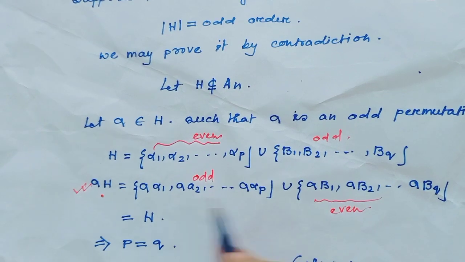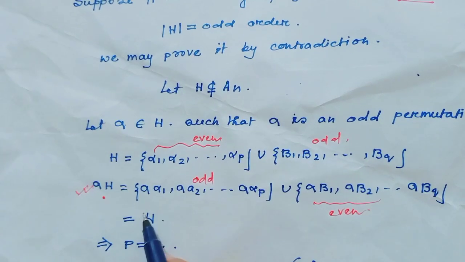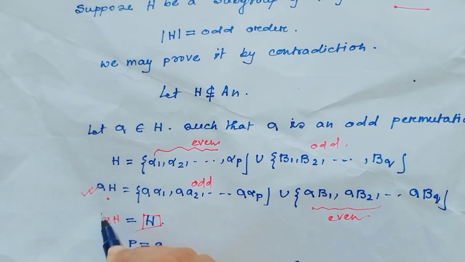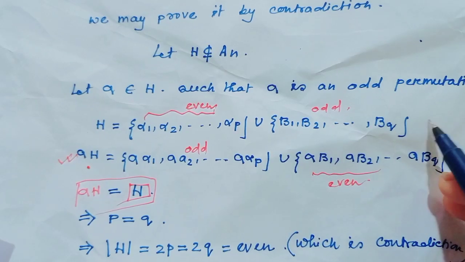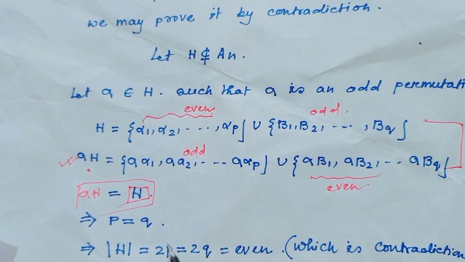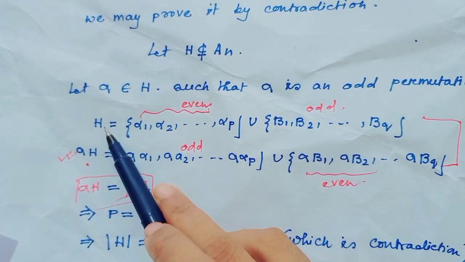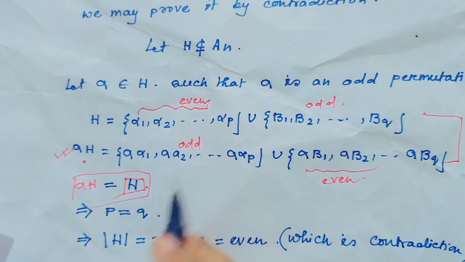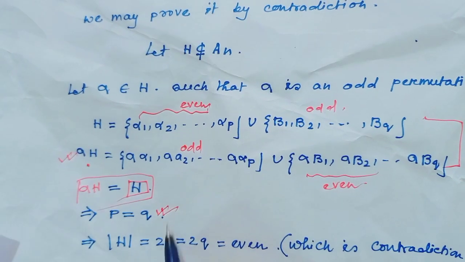Actually this sigma A is equal to A sigma, and that implies by this expression that p equals q.